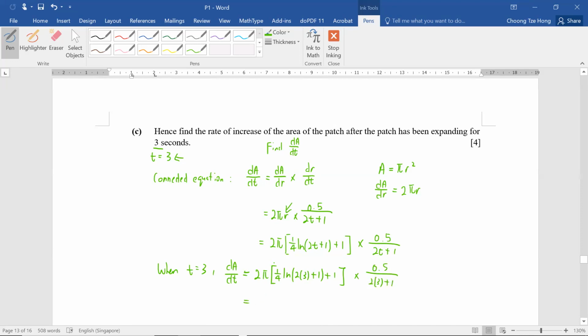Then we can just calculate this whole thing out. So 1/4, ln(2 times 3 plus 1) is ln 7, plus 1, times 0.5 over 7.